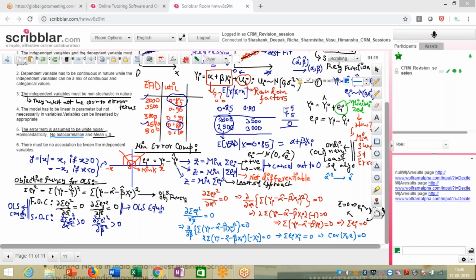Obviously, implementing them in SAS is also important, and we'll do it, but having an understanding of the back-end algorithm is equally critical, because they come up with questions like: can you explain the assumption that a model must be linear in parameters and not necessarily linear in variables?